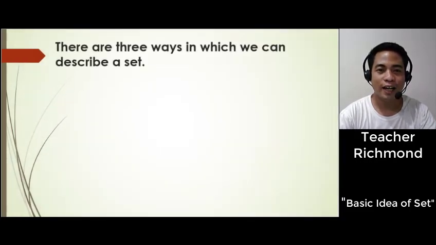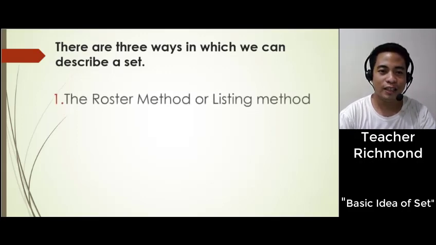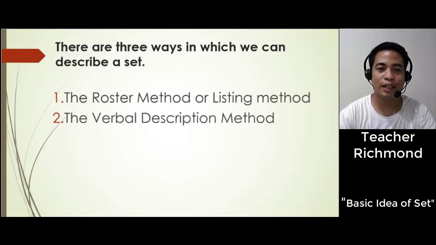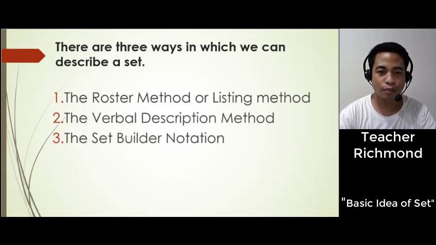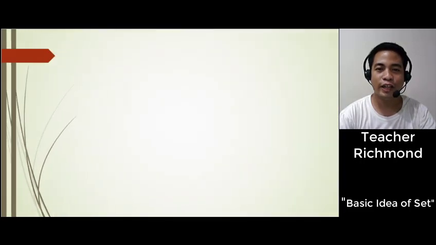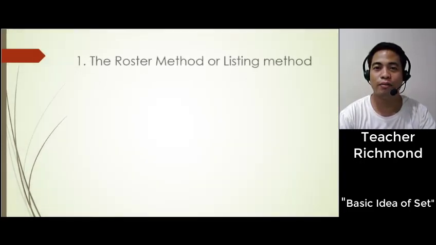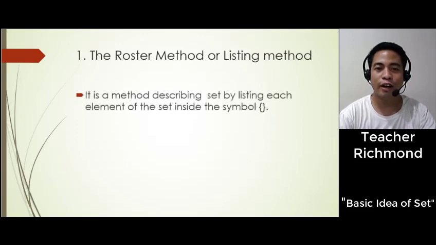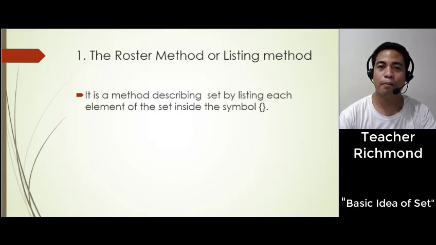Next, there are three ways in which we can describe a set. First, the roster method or listing method; second, the verbal description method; and third, the set builder notation. So let's start with the first one, the roster method or listing method. It is a method of describing a set by listing each element of the set inside the symbol braces.